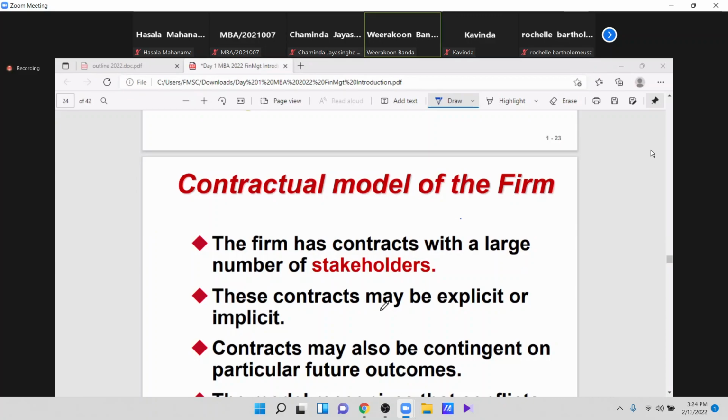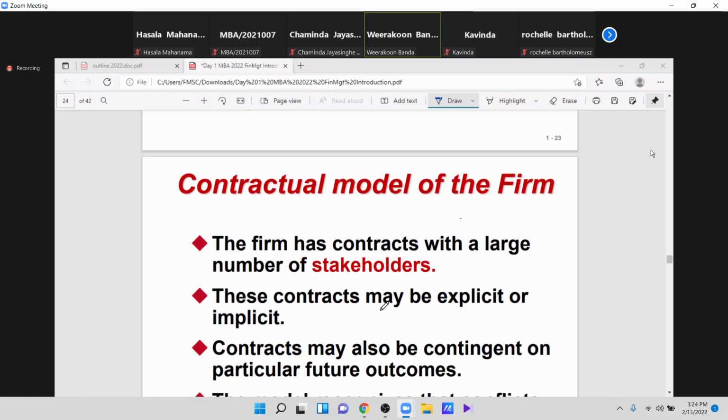Say, for example, if there are customers, and if there are owners of the company, shareholders, sometimes if you try to satisfy the company owners, the shareholders, at the same time you have to satisfy the customers also. Otherwise, what would happen? One side you can satisfy, the other side you may have some opposite thing. There may be some contradictions.